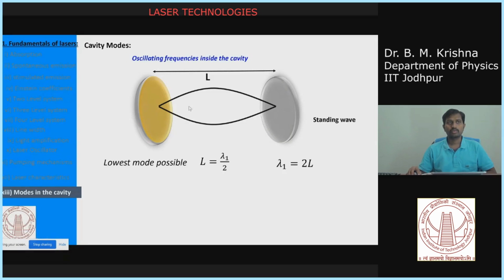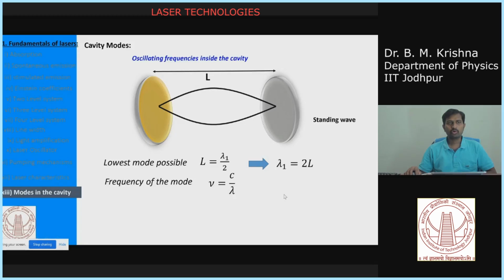This is the total length L, and going there and back again is called one round trip. The photon goes from here to here and comes back, and this total path is called a round trip. So lambda 1 is equal to 2L.